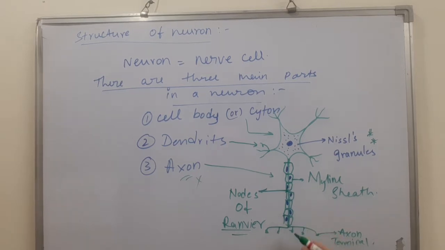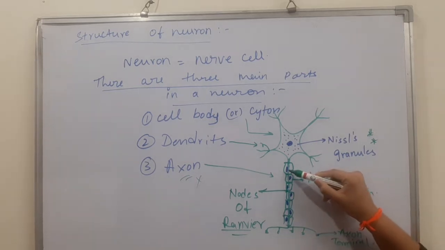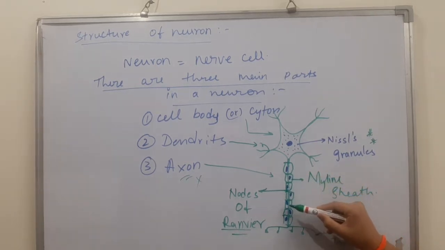Now this axon terminates as bulb-like structures which are called axon terminals, and they contain vesicles, and these vesicles contain the neurotransmitters which help in the transmission. That is what I will be telling you just after analyzing this. The next one to be discussed is Schwann cells, which are present attached to the axon.